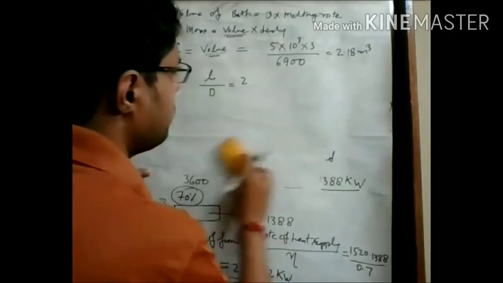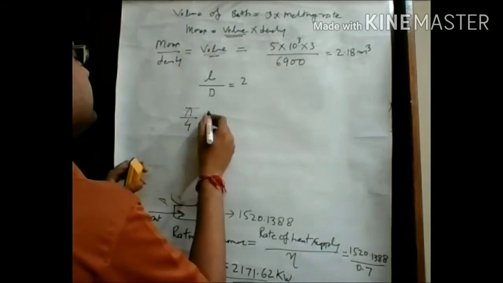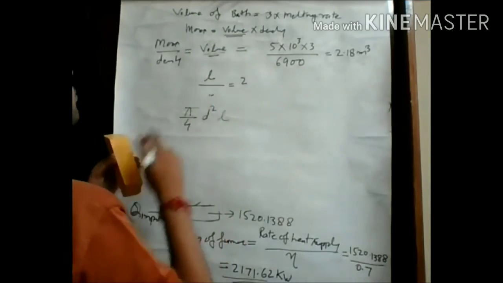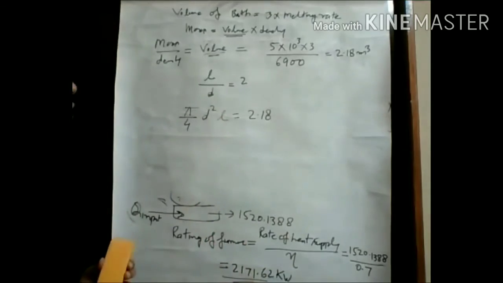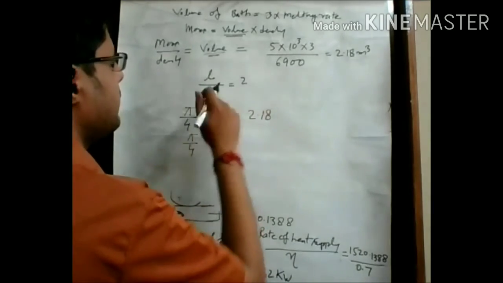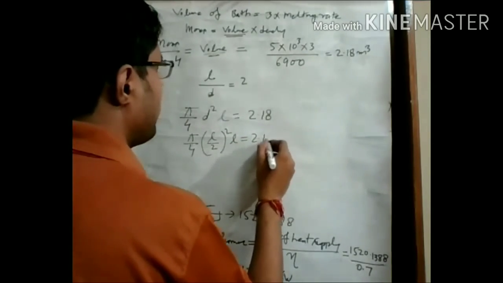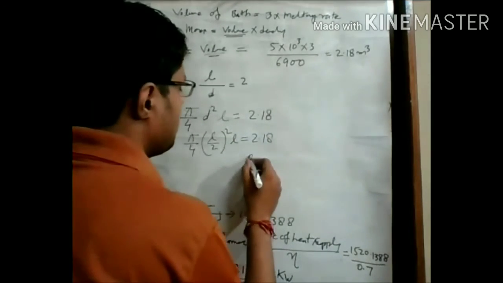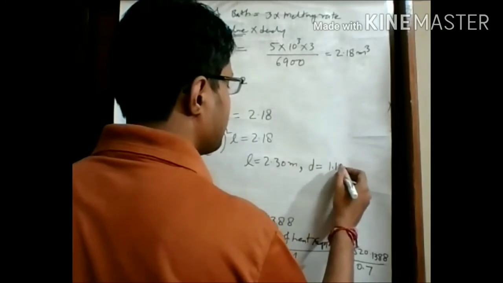We know that the cylinder volume is pi by 4 d square multiplied by L. If we treat d as the diameter, this is equal to 2.18, and we put the d value as L upon 2 whole square, multiplied by L. After solving this expansion, we get the value of L equal to 2.30 meter and the value of D, that is half, 1.15 meter.